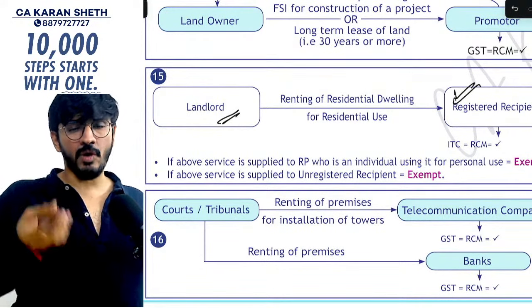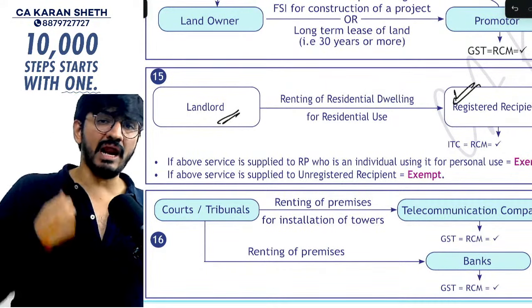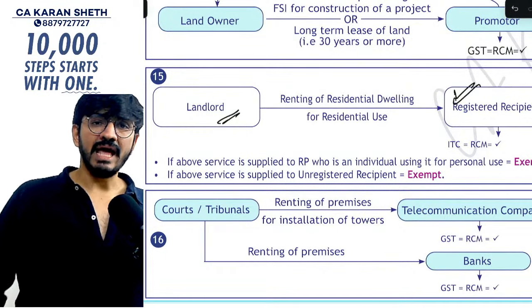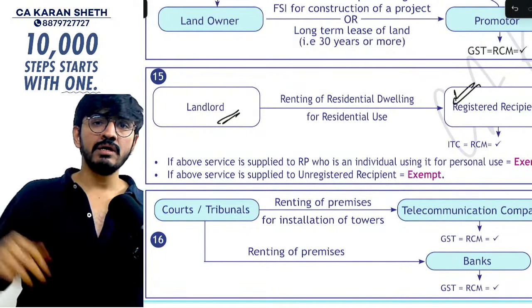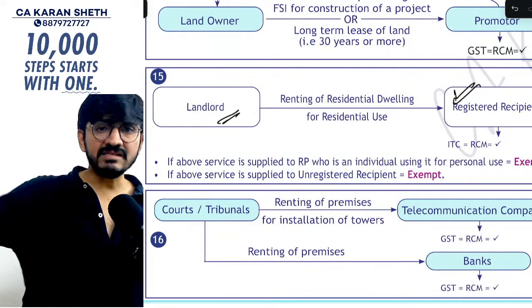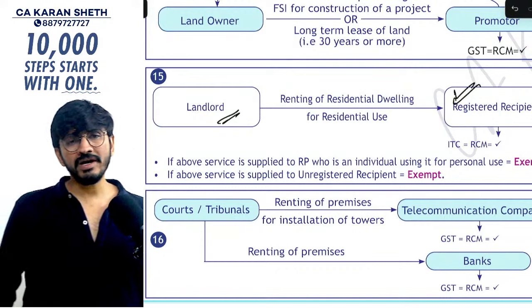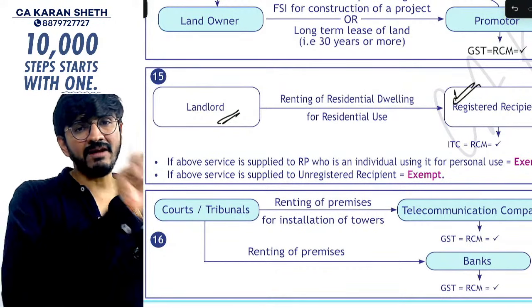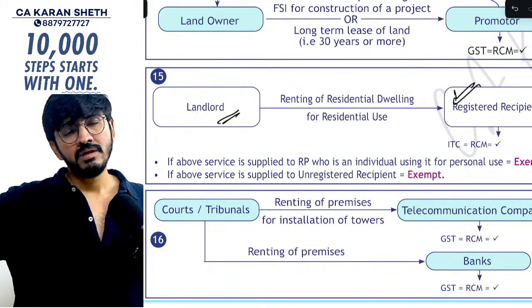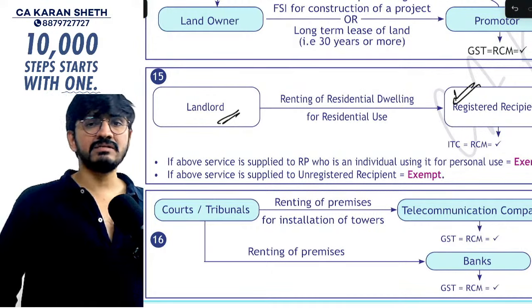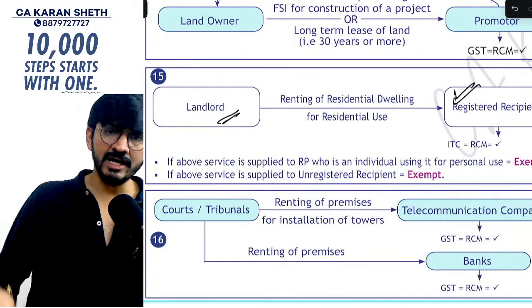For example, what if I am an architect, engineer, MBA, actuary, dancer, singer, anyone. Do you understand that every month I will have to pay tax as per RCM? And that is such a fuss for someone like me who is an individual.